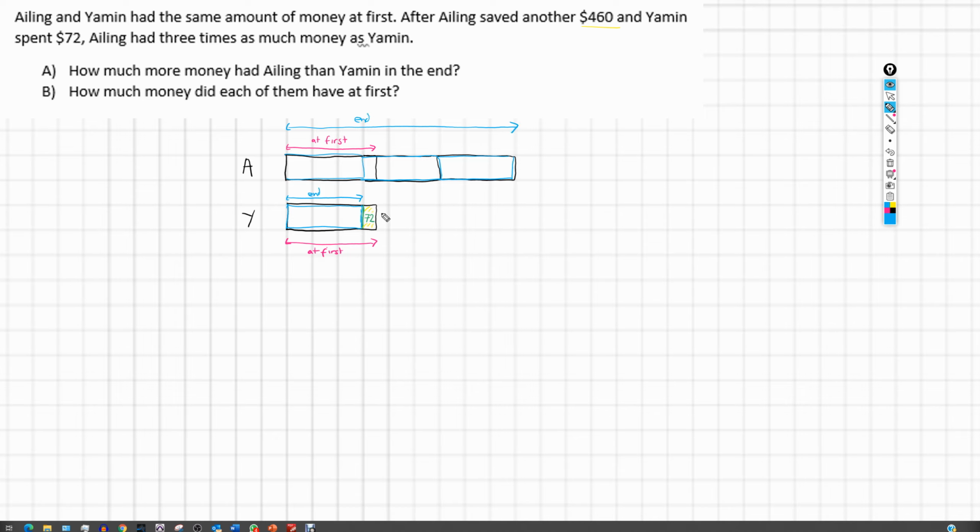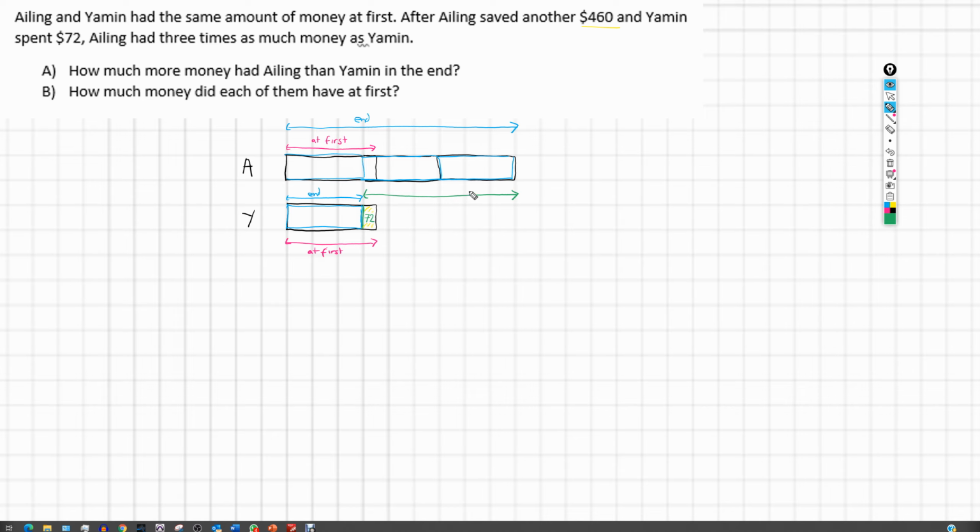Right, so what we also can then look at, one of the questions we've got is how much more money had Ailing than Yamin in the end. So we want to work out the difference here. This is the difference we want to work out, isn't it? Okay, right, so let's have a look and see what we know.